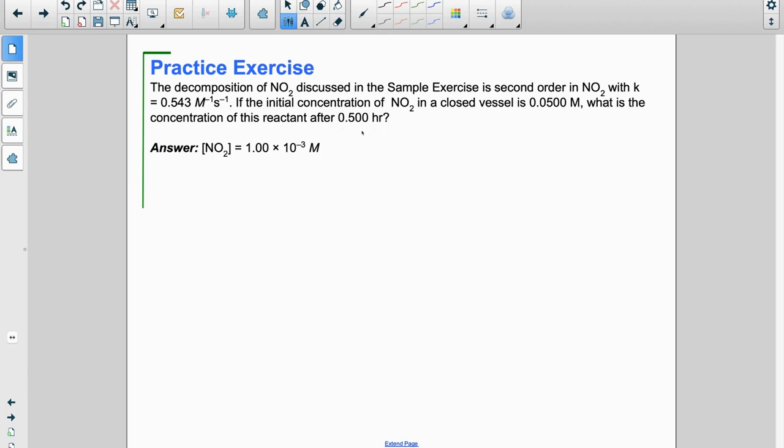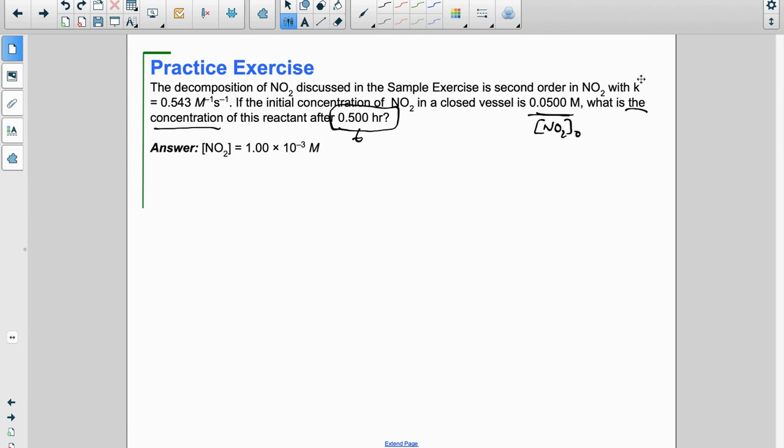So initially you might think, what am I supposed to do? What equation should I use to find this concentration? Well, things to notice: we've got hours here, that's time. We've got an initial concentration of NO2.